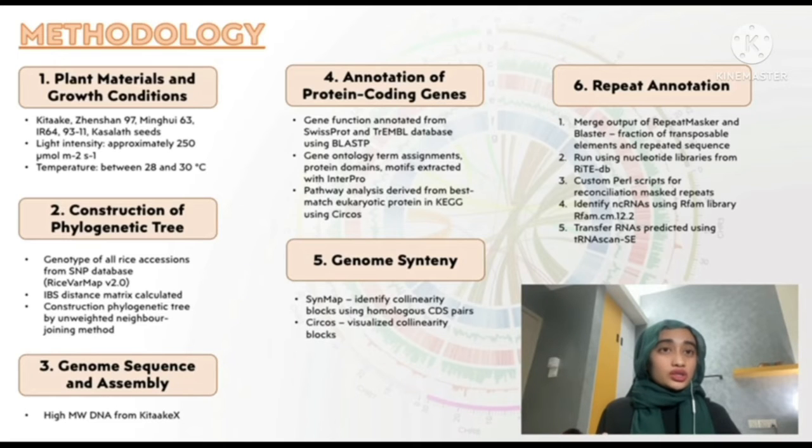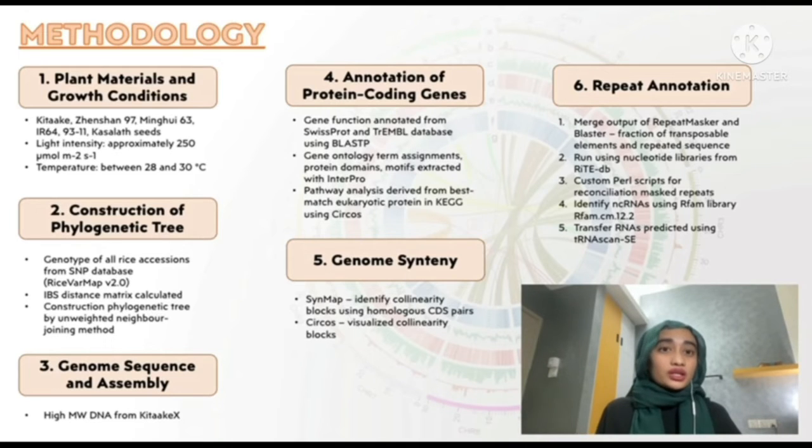The repeat annotation used RepeatMasker and RepeatBlaster to merge the output and to obtain the fraction of transposable elements and repeated sequence. These were run using nucleotide libraries from RiTE DB, and custom scripts were used for reconciliation of masked repeats.